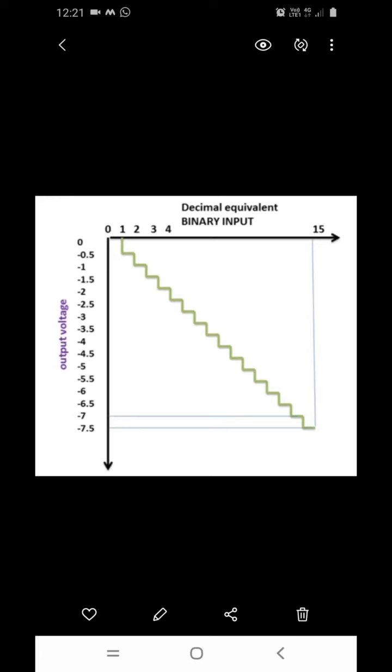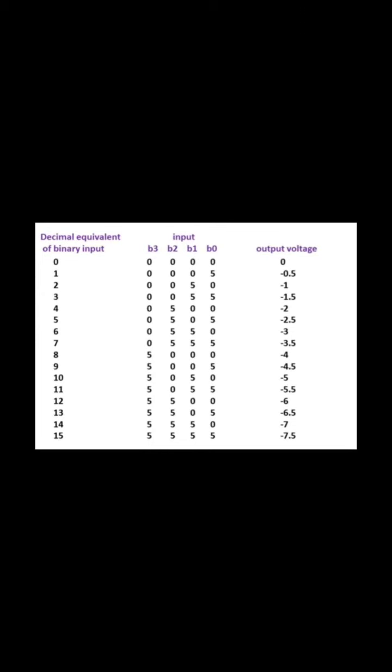If you analyze each of the switches, you will get the maximum output of minus 7.5 volt, from 0 to minus 7.5 volt.